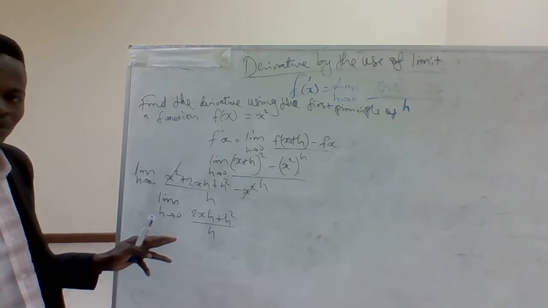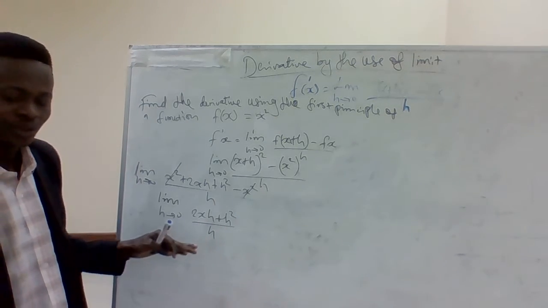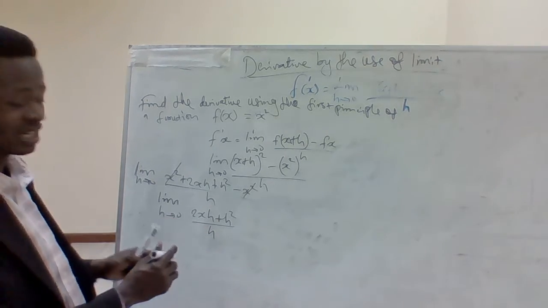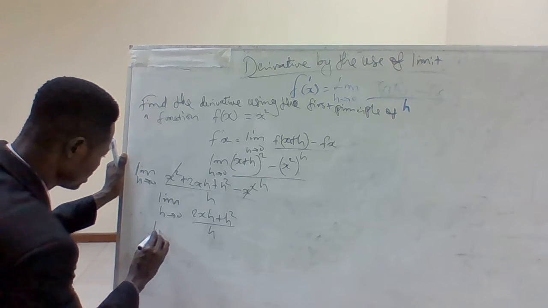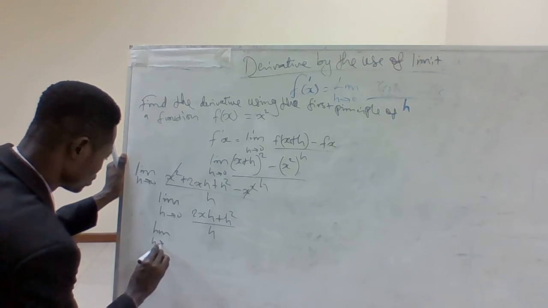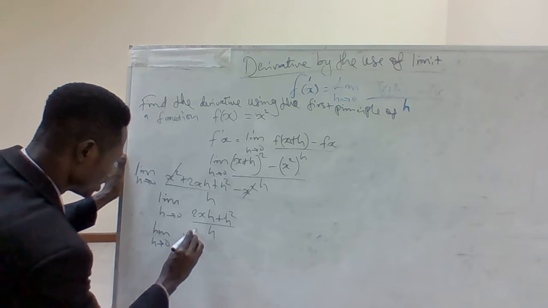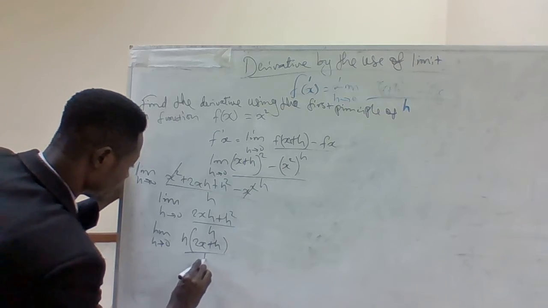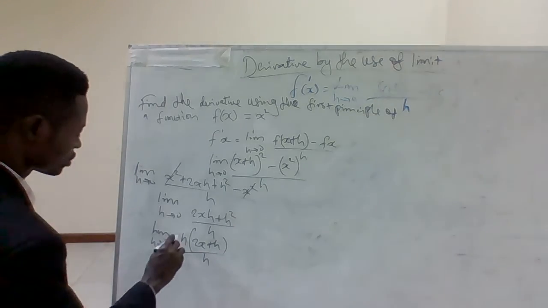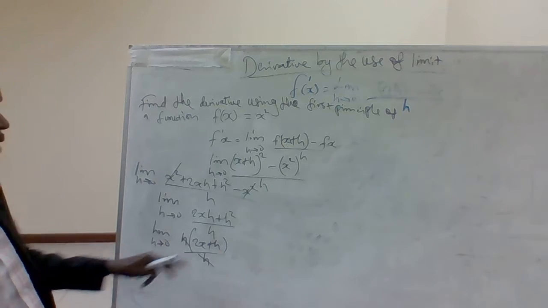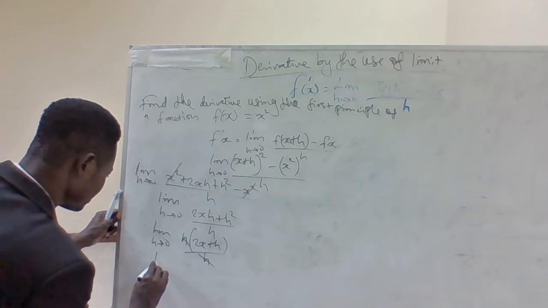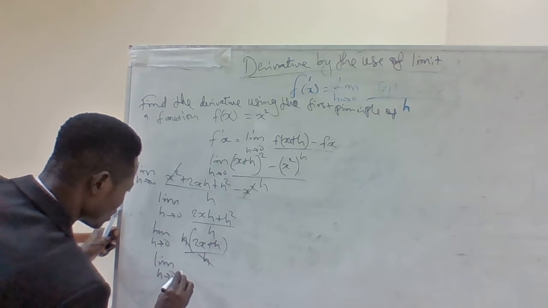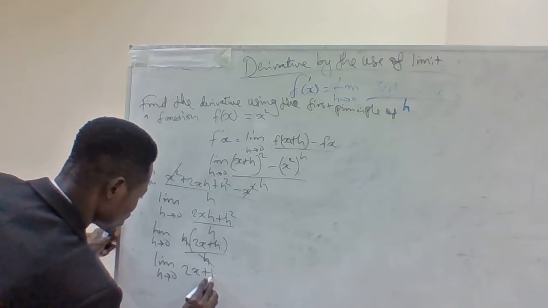If you look at it, you can actually see that h is common, so we can factor h out, so that we have the limit as h approaches 0 of h times 2x plus h, all this divided by h. We are trying to factor h out so that we can divide h by h, and we are left with the limit as h approaches 0 of 2x plus h.